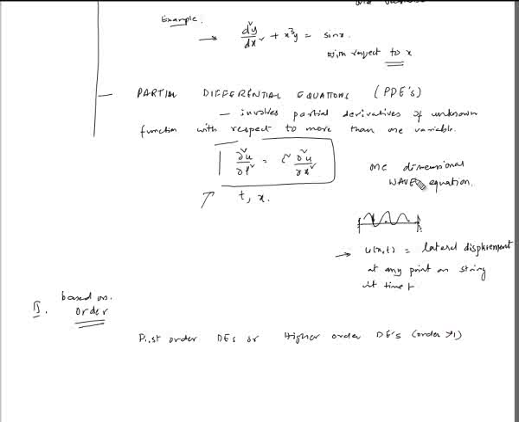An order is nothing but an order of the differential equation. So an order of the differential equation is basically the order of the highest order derivative term present in the equation.